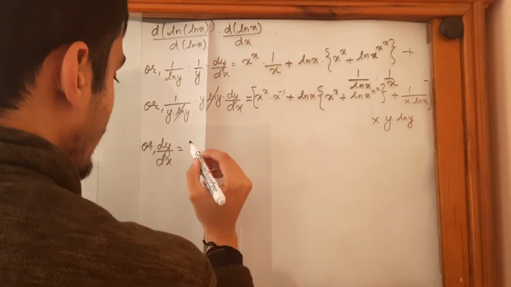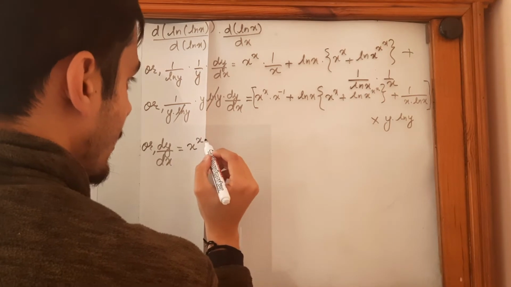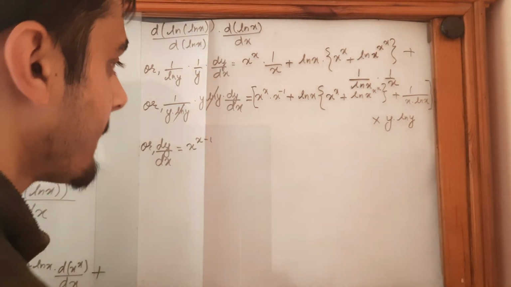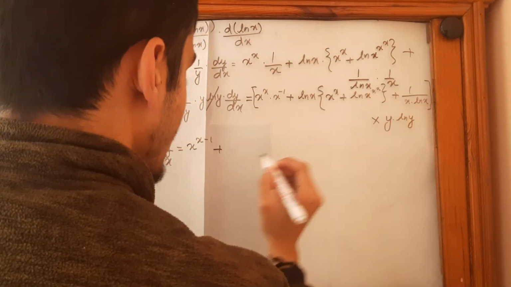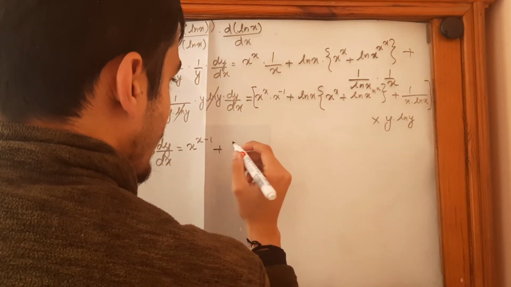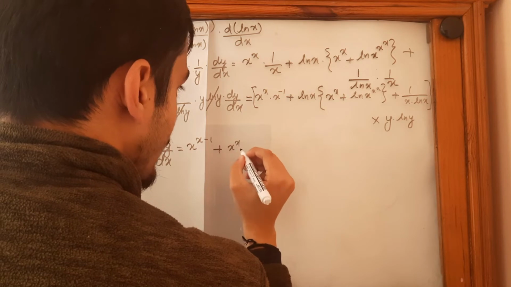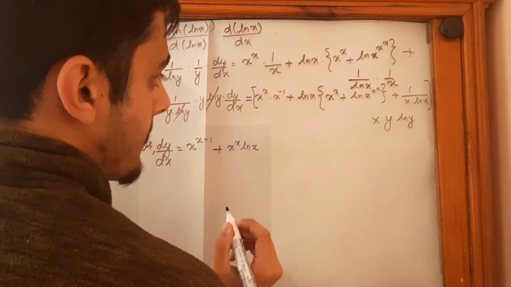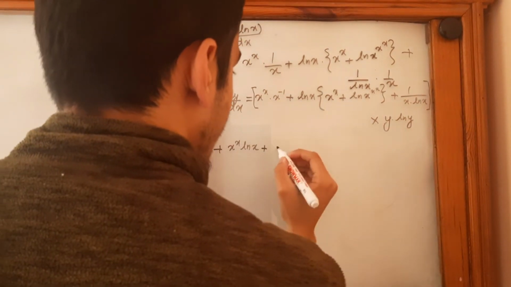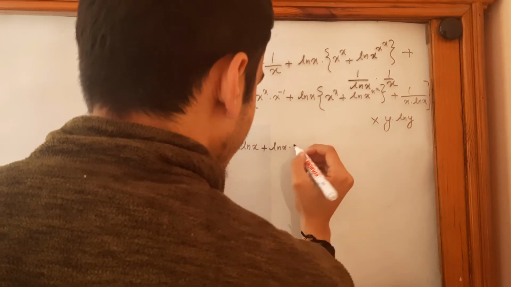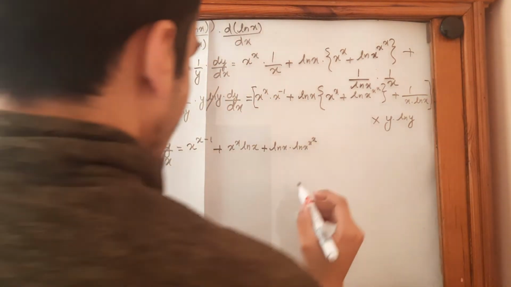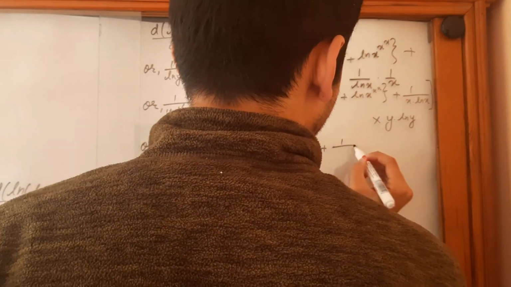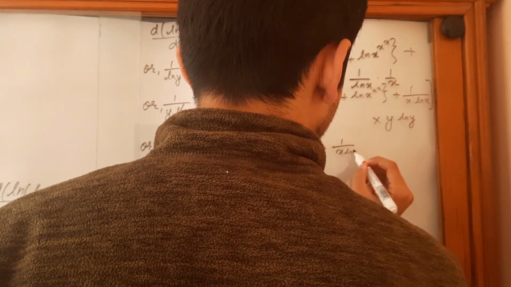we can add the powers over here, minus 1 plus, let's multiply this with this and this, plus ln x times ln x to the power x to the power x plus 1 upon x ln x.